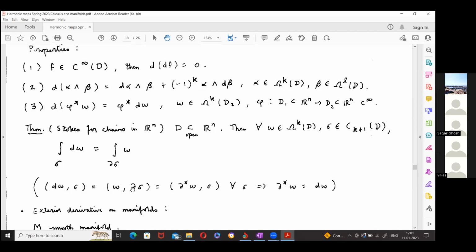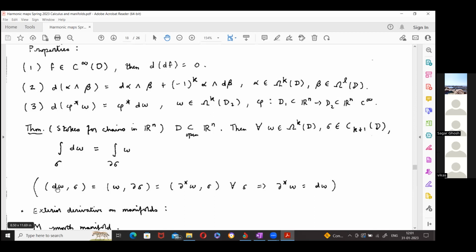Okay, but the pairing applied to omega and boundary sigma, by definition of the dual of the boundary operator, is boundary star, the dual of the boundary operator applied to omega, and that paired with sigma, right? So this is the pairing between del star omega and sigma.